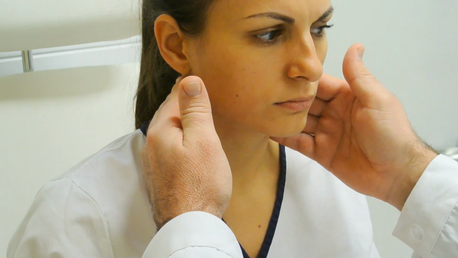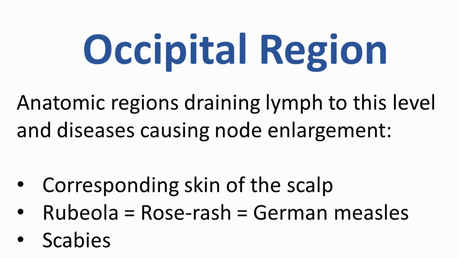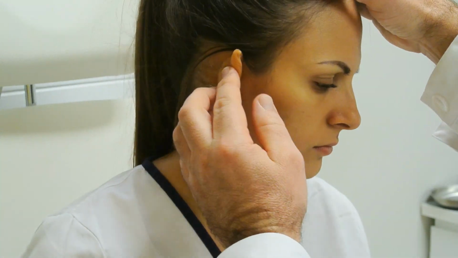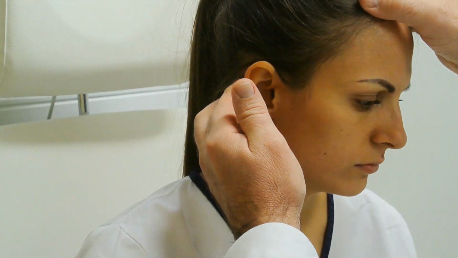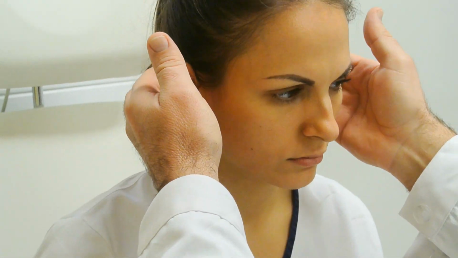nodes or mass lesions. First, we should check the occipital region, the corresponding skin of the scalp. Rubeola or scabies can give enlarged lymphatic nodes here. Afterwards, we should check the post-auricle or retro-auricle region.